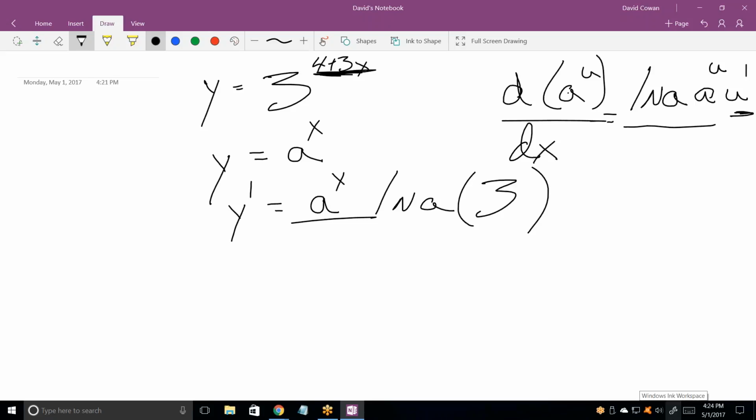Now, usually when you have natural logs, you don't want a number on the right side because it's confusing. Am I taking the natural log of 3a or the natural log of a times 3? I'm taking the natural log of a times 3, so I'm going to write it like this. And then there's no confusion.